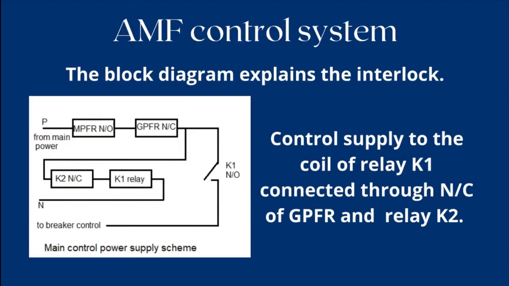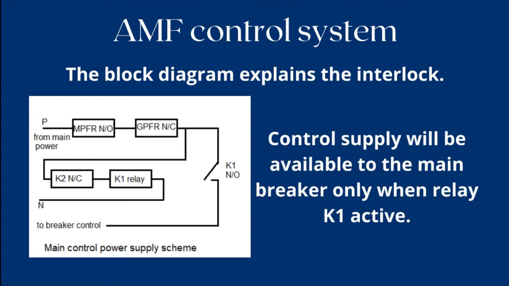The block diagram explains the interlock. Control supply to the coil of relay K1 is connected through normally close contacts of GPFR and relay K2. Control supply will be available to the main breaker only when relay K1 is active.